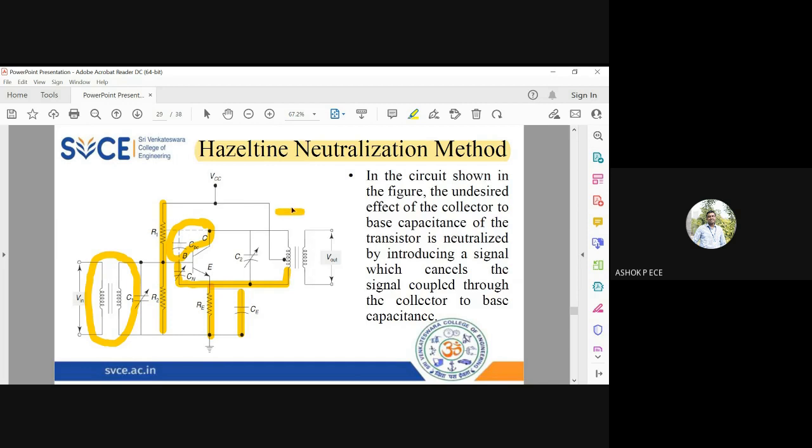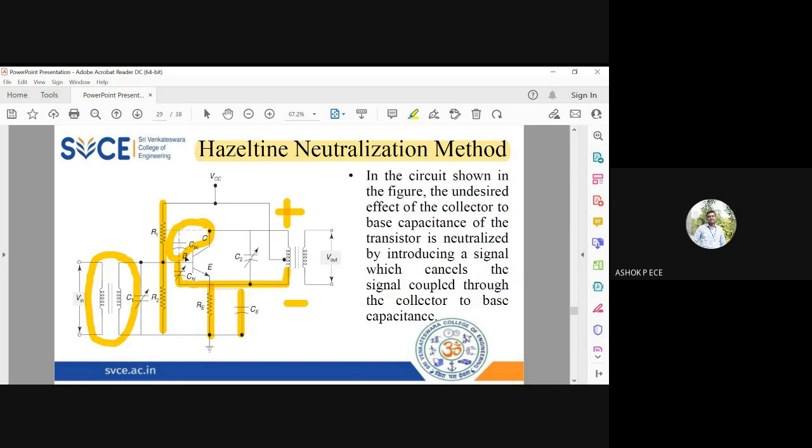So if this polarity is plus, this will be minus. When this capacitance adds a positive feedback of plus 5 volt, the Cn will add a negative feedback of minus 5 volt, and at base both get added and it will get cancelled.